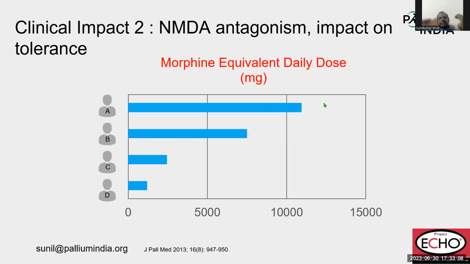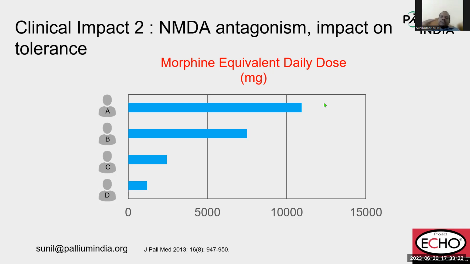Yeah. So if you consider a patient with a pain score of 10 by 10, and you give morphine 5 milligram, and the pain score comes down to 2 by 10. But after a week, to get the same pain relief, you might need to increase it to 10 milligram. And after some time, you need to increase it to 15 milligram to get the pain score of 2 by 10.